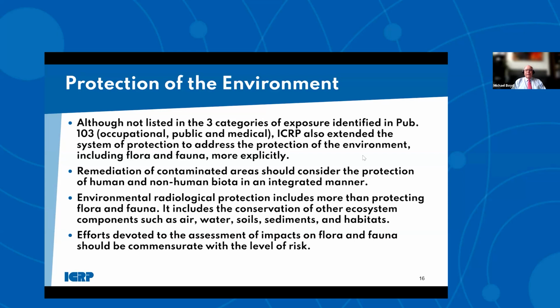Environmental radiological protection includes more than protecting flora and fauna, however. It includes the conservation of other ecosystem components such as air, water, soils, sediments, and habitats, and efforts devoted to the assessment of the impacts on flora and fauna should be commensurate with the level of risk.